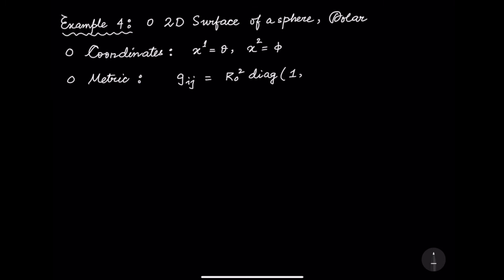So 1 and sine square theta. Connections. This I request you to work out. I'll just write it down, and again, once you have done enough exercise, let me tell you that it is quite easy to write this down just looking at the metric.